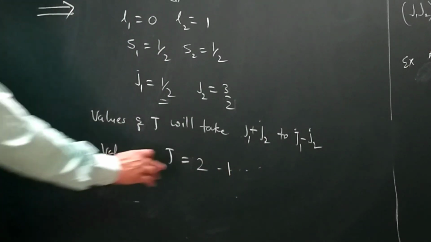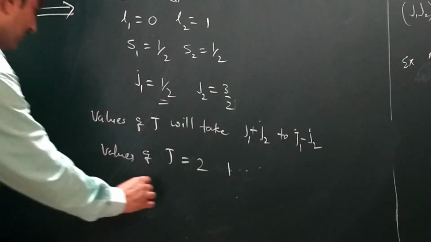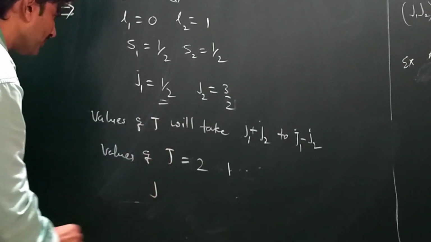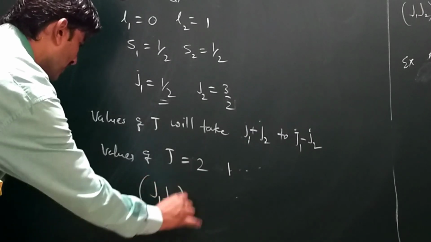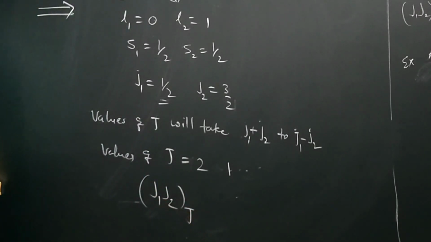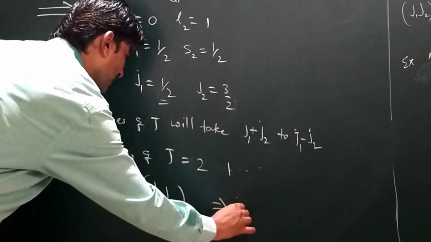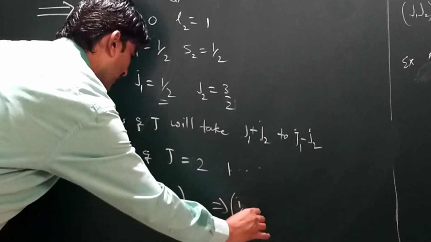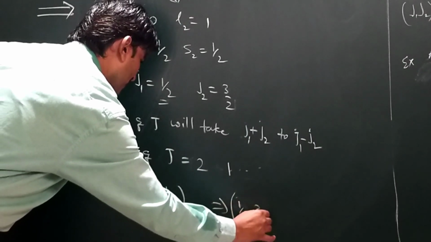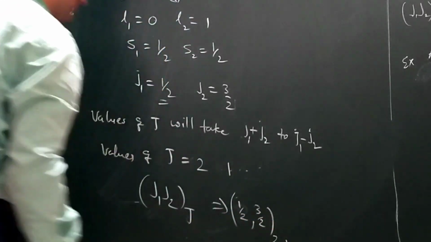So we'll get these two values. Now we can write the values of J1 and J2. So in that case we can write these values like that. J1 is 3 by 2, J2 is half, and the values are 2 and 1.